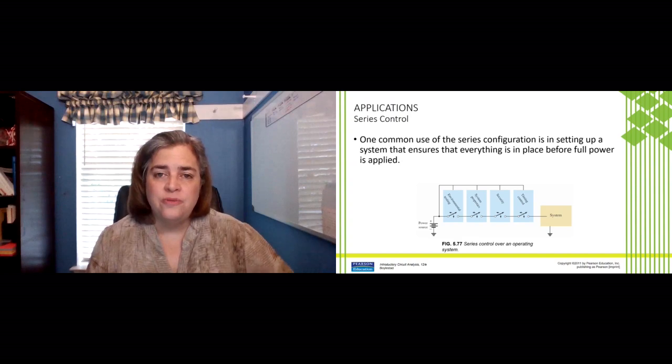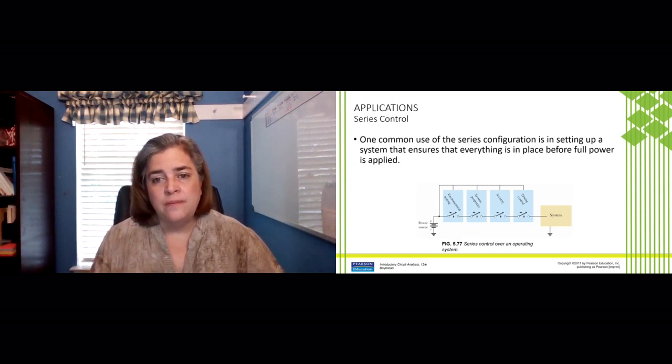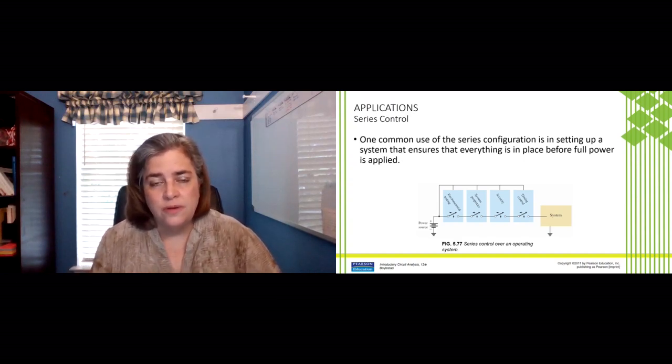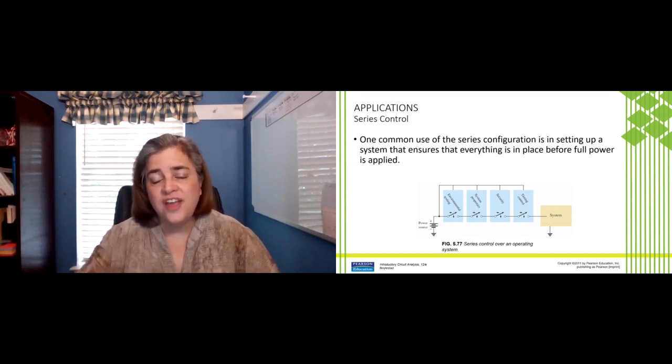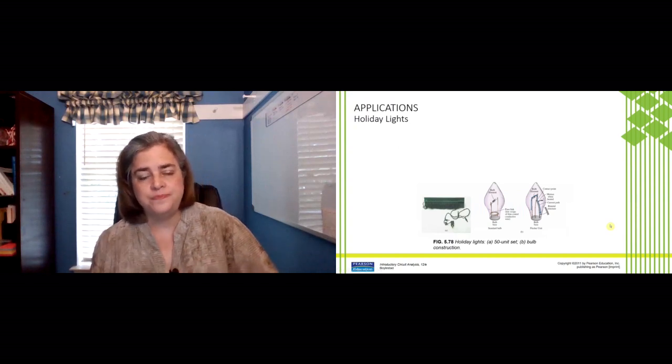But you want to make sure there are some safety features involved, like maybe that there's nothing blocking the conveyor belt, or that there's not a person standing too close to the conveyor belt. Maybe these are things you check for before you start it, so that when you push that button, if those things are not checked off the list, so to speak, that conveyor belt does not start. So that's a good place to use a series configuration of a circuit.